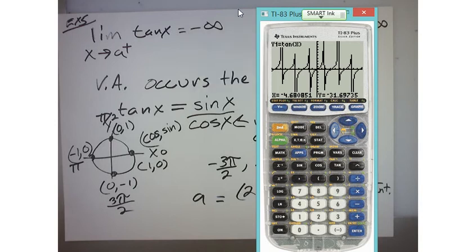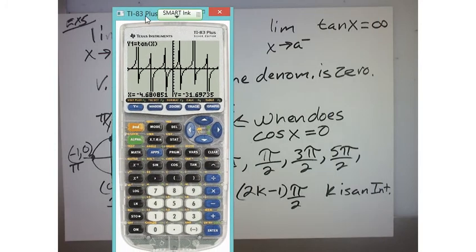If I go in the other direction, on the other side of that, in other words, if I approach pi over 2 from the left-hand side, my y value increases significantly and blows up to infinity. Does that make sense? You guys got this? Get it good?